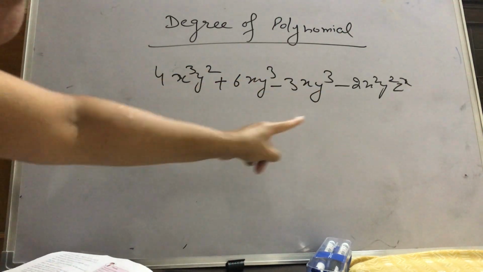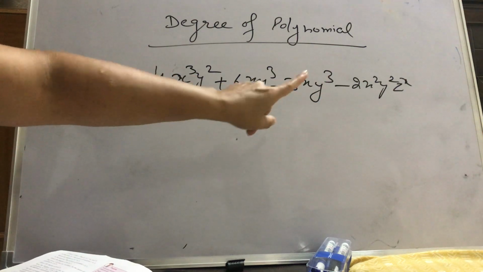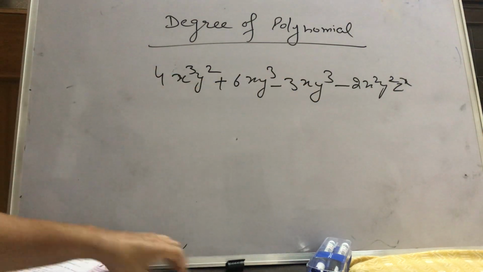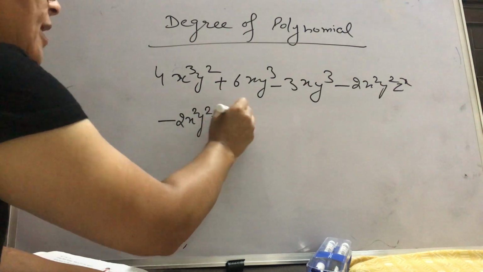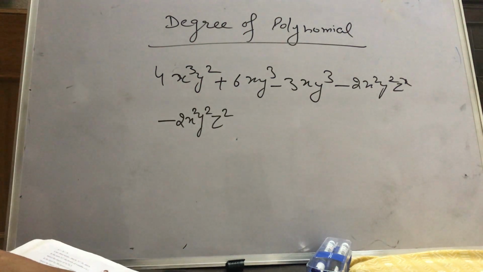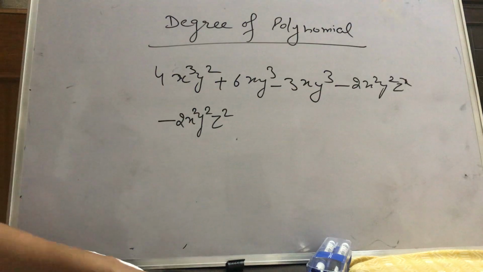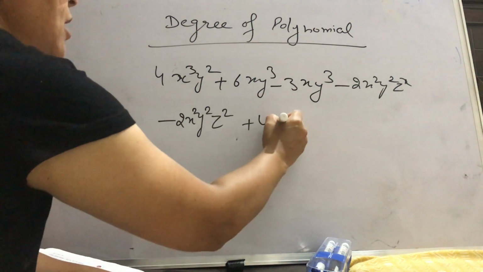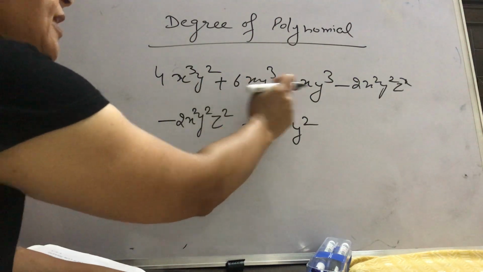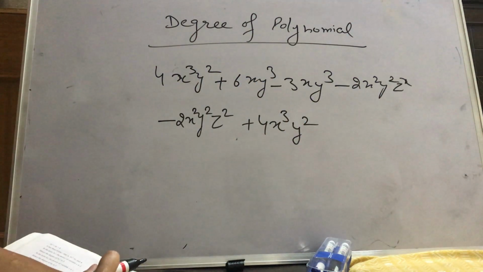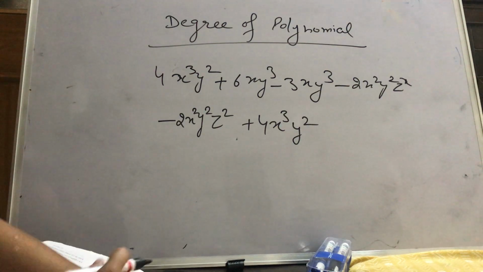So 6 is the highest number from all these. So we will write the last term first. Minus 2, x square, y square, z square. After that, the power 5, that will be plus 4x cube y square. After that, these two terms are having the degree 4. So we can write either term at the first place.